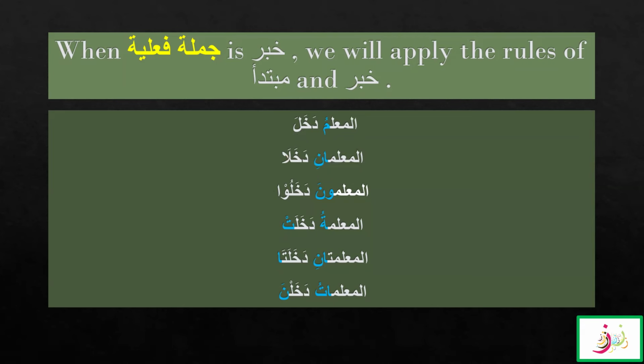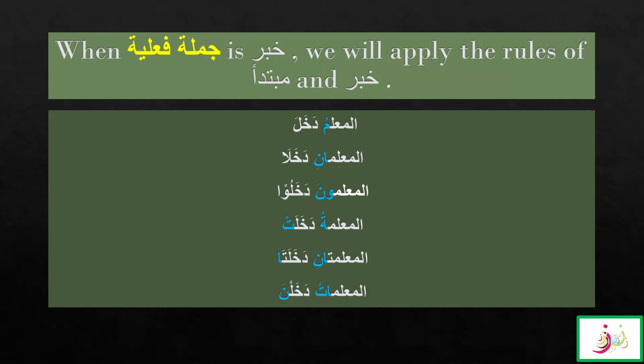All right. So you should remember that if a sentence is starting with an ism, whatever you see after it, you don't have to worry about it. If it is starting with an ism, it will be a jumla ismiya. And here it is mubtada and khabar. So we are learning that when a jumla fi'liya is a khabar, we are going to apply the rules for jumla ismiya.